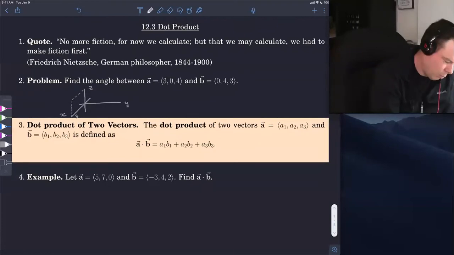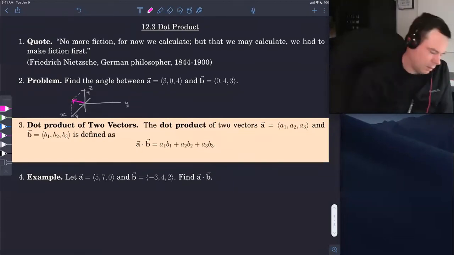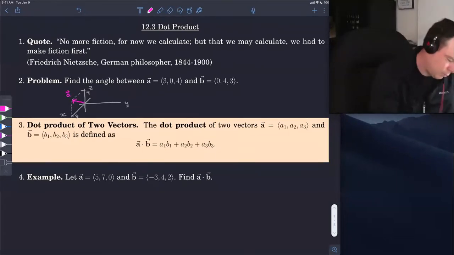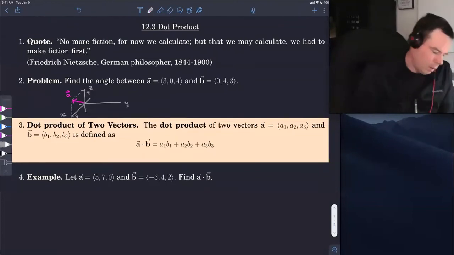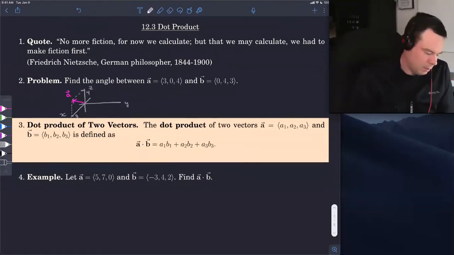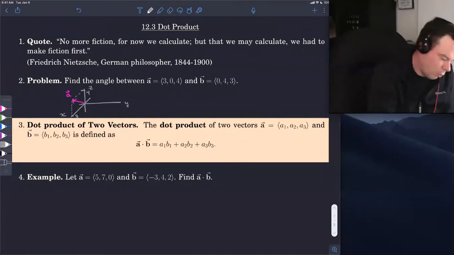So that'll be 3, this will be 4, and there's our vector A living in the XZ plane. And then our other vector B is 0 in the X direction, 4 in the Y direction. So 1, 2, 3, 4, and 3 in the Z direction. So we'll draw some reference lines there. And there's vector B.